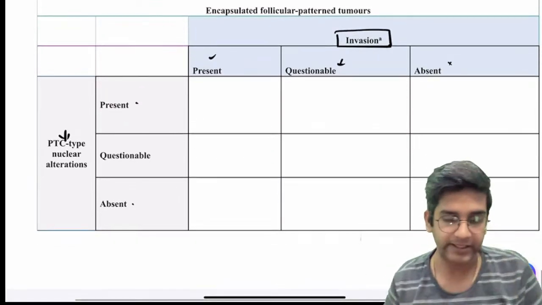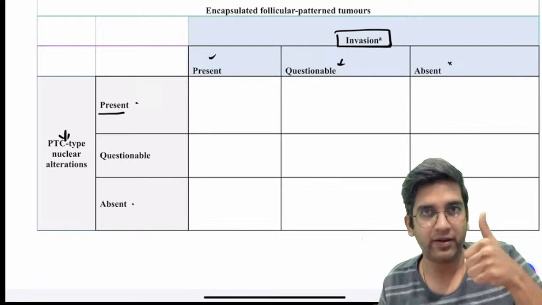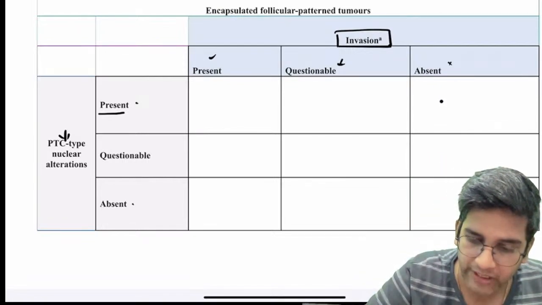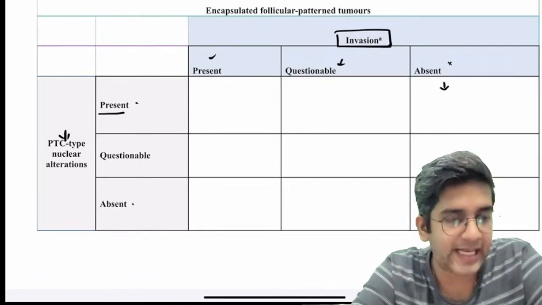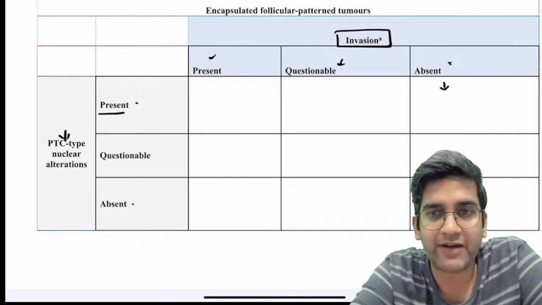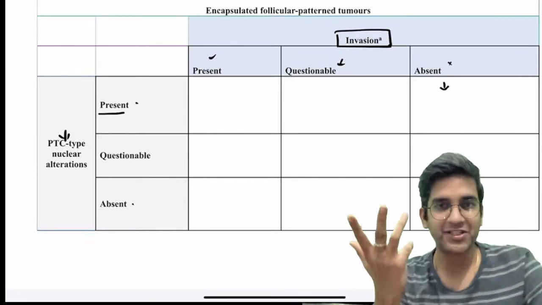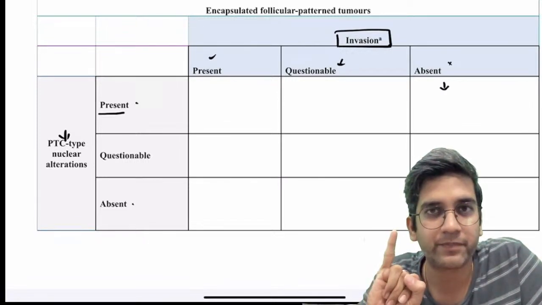We'll start with some easy things. I have nuclear features of PTC, but I do not have a capsular invasion. Who will come here? I'll give you options. Options make our life very easy, right? Will it be follicular thyroid carcinoma?